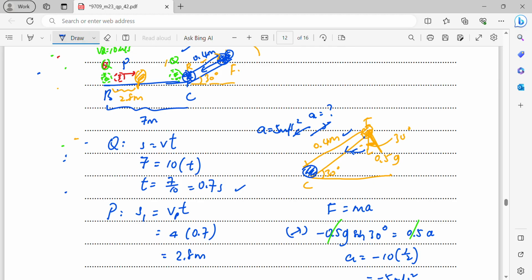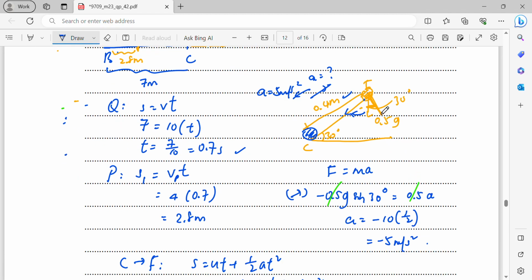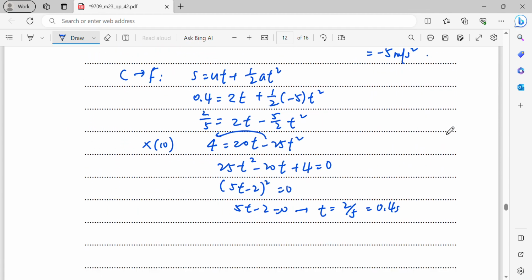Okay, now we know that once they reach F, they will stop a while and then go down. So going down, it has also traveled a distance of 0.4 meters, which means the time will be the same as well. So F to C will be 0.4 seconds as well.